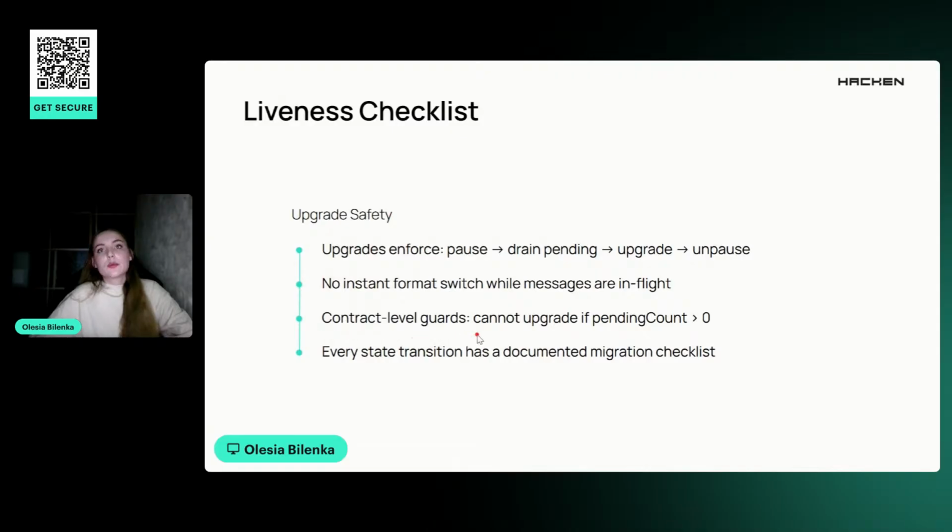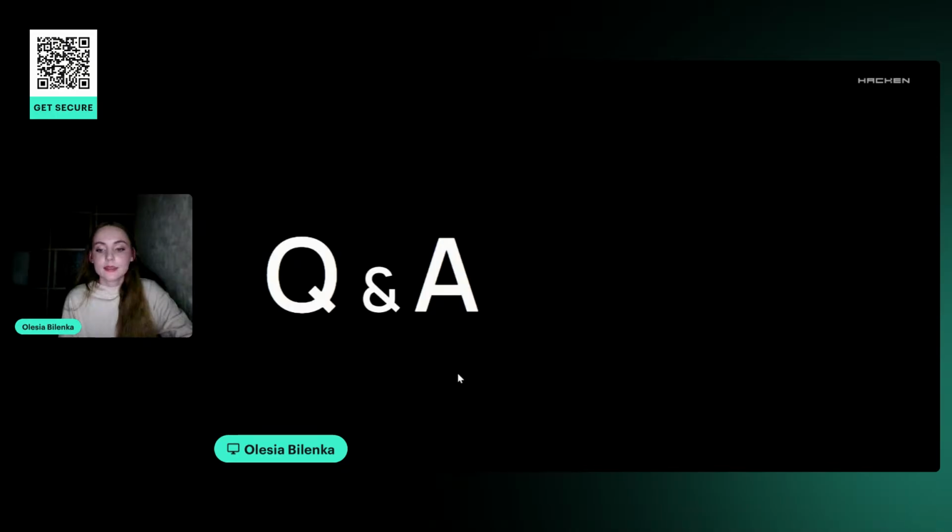So, for example, they cannot upgrade some format if pending count is bigger than 0. And for the upgrade safety, there should be a documented migration checklist for the operator, which the operator should follow. And that's it.